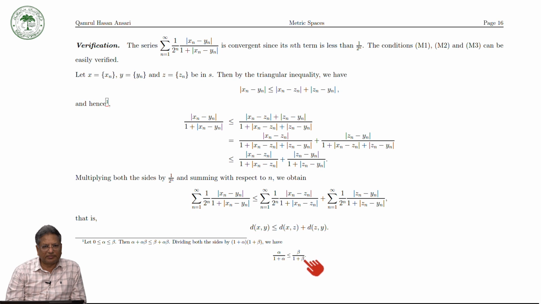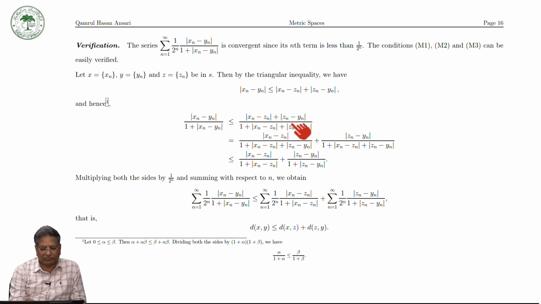So here we can see that if you treat this as your alpha and this term as your beta, then you can see that this upon 1 plus this is less than or equal to this upon 1 plus this.